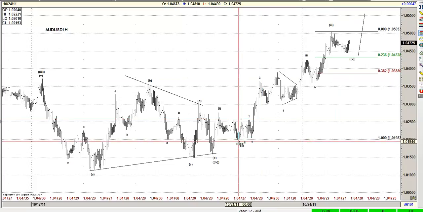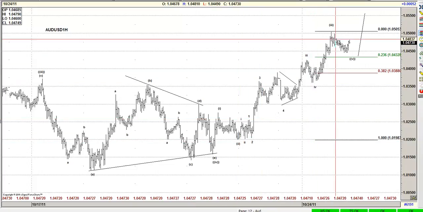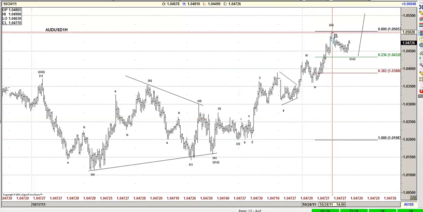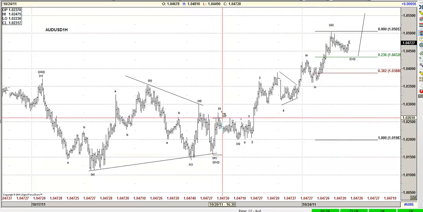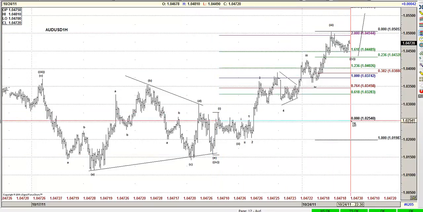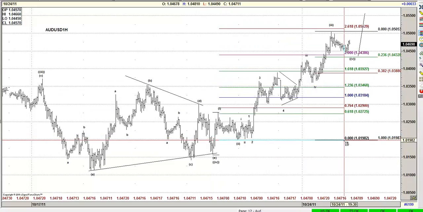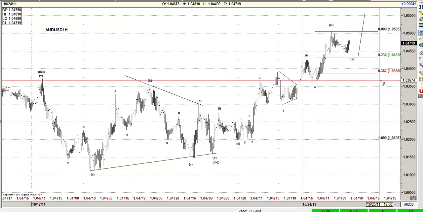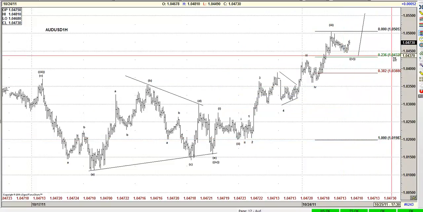So from here to here, a 4 and a 5 ended at the 618. And then this 1, 2, 3 ended at the 618 area. So what we are expecting in Aussie, like in the euro, like in the dollar, is one more marginal high. 105.34, 105.50 area can be the case.